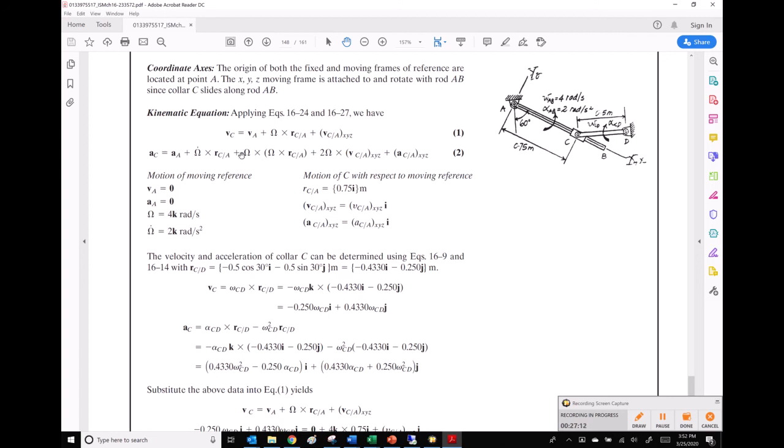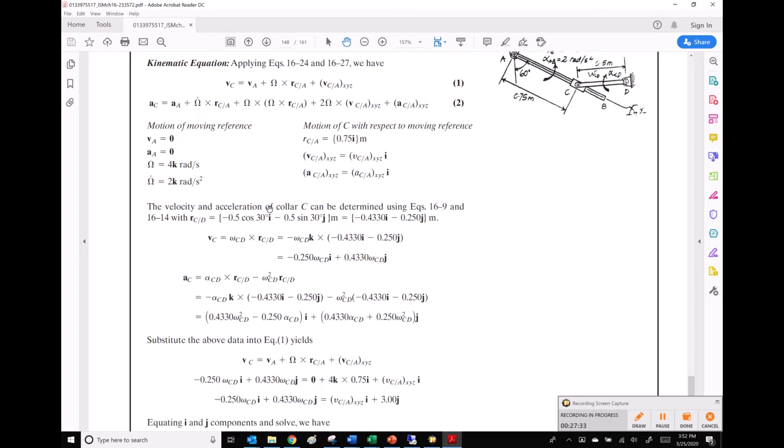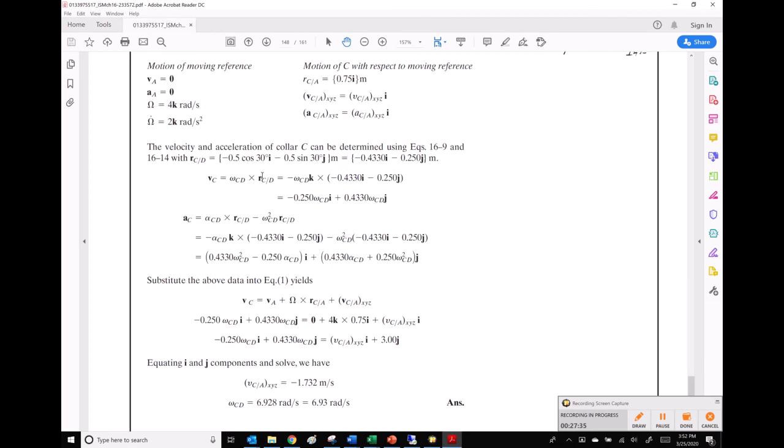This will equate to being minus omega squared times that r C with respect to A. And this is also what they're showing here, the relative velocity, and this is the relative acceleration for these. But you can see how they set the thing up, and they walk through, and they get their position vector.